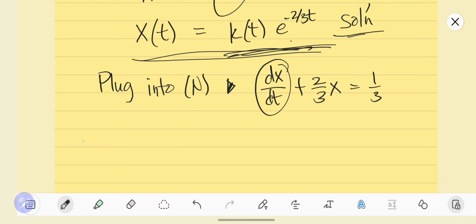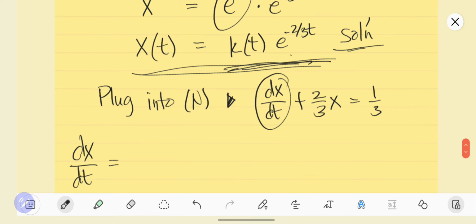So now dx over dt is equal to the derivative of k of t e to the negative 2/3 t. So that's uv plus vu.